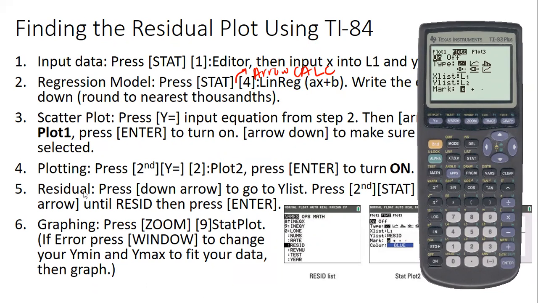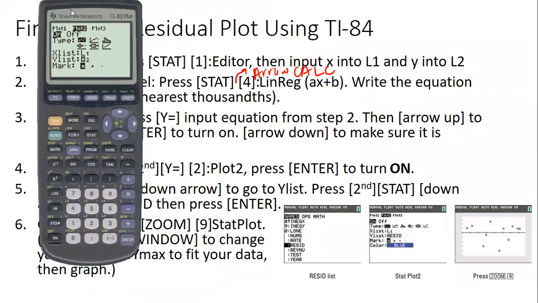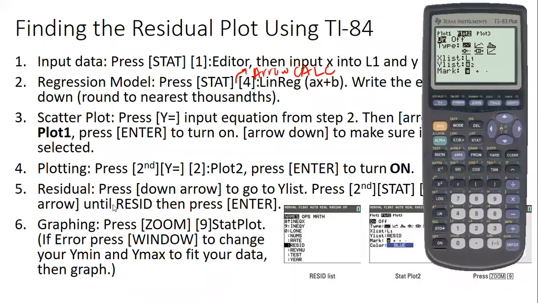To show that it's the residual on step 5, it says I'm going to press the down arrow to go to the Y list. Now that I've gone down to that, I'm going to press second stat and scroll down till I see RESID, which stands for residual. Once I see that, I press enter.